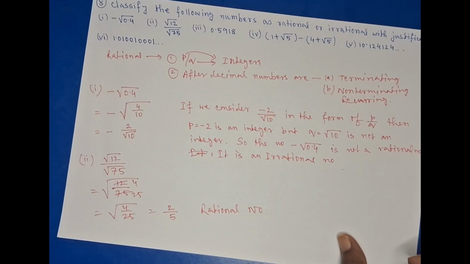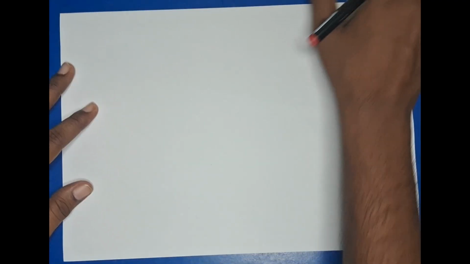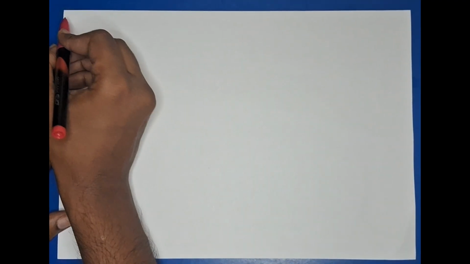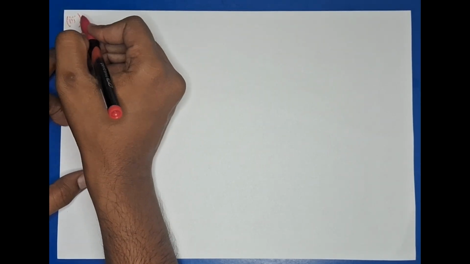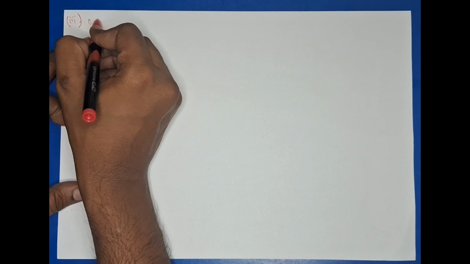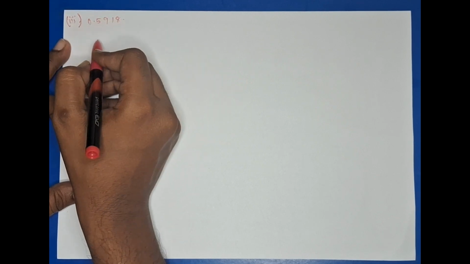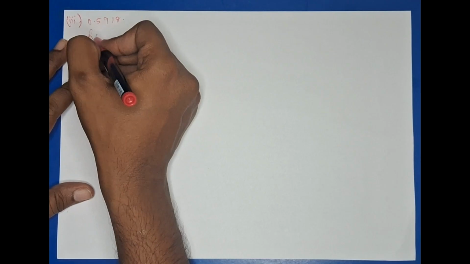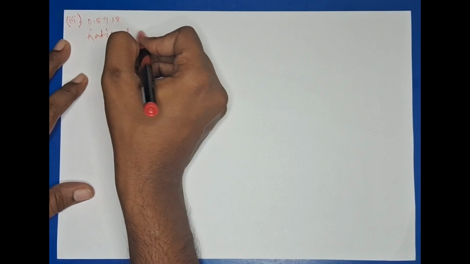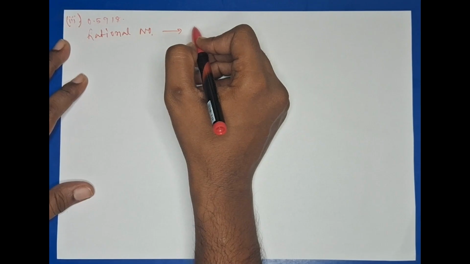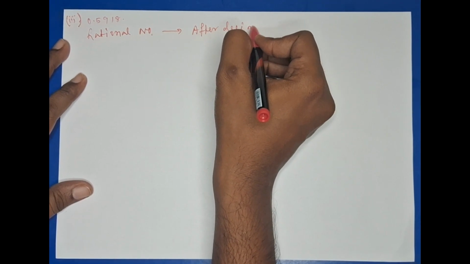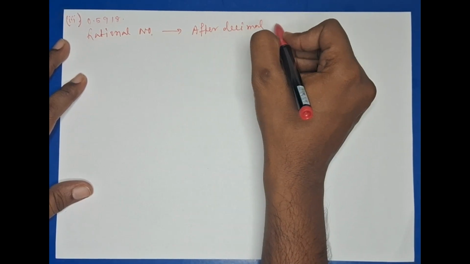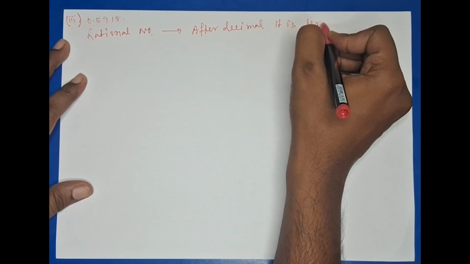That's why this whole number is a rational number. Okay, and the next one is the third. The third one is 0.5918. This is clearly a rational number. Why? Because after the decimal it is terminating.